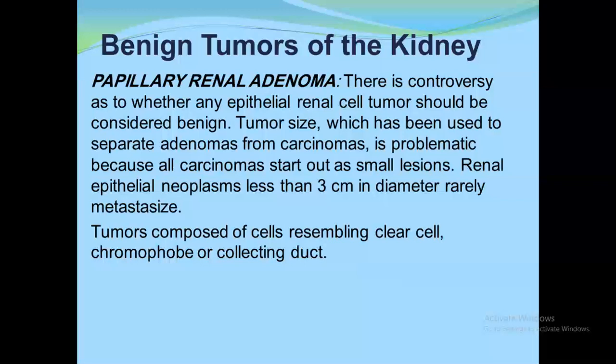Among the benign tumors of the kidney, first we will discuss papillary renal adenoma. As we mentioned, there is controversy whether to regard it as benign, and they push the size of 3 cm as the differentiating point. Microscopically it may be clear cells, chromophil, or collecting duct cells, and all of these have malignant counterparts.